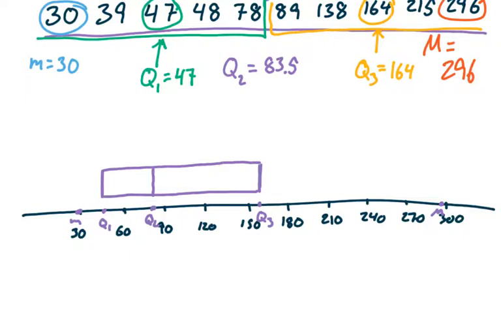So there. And then finally, draw a line from the minimum value to the left side of the box, and draw a line from the maximum value to the right side of the box. And that is how we would complete our box plot.